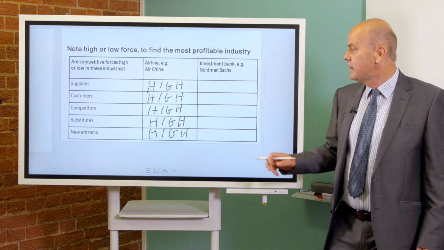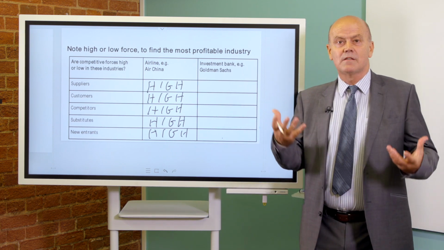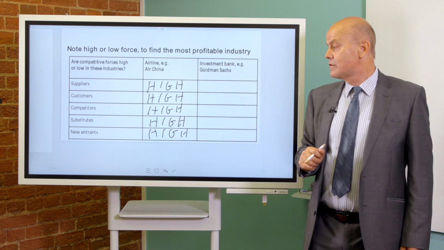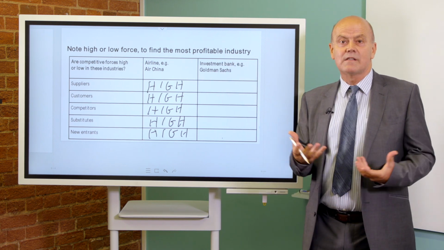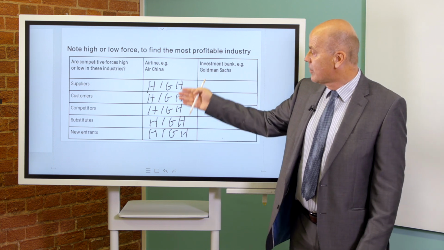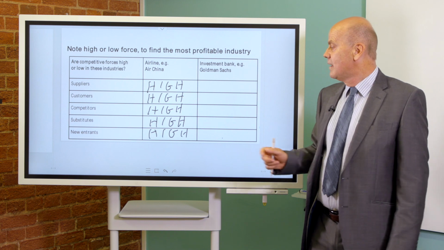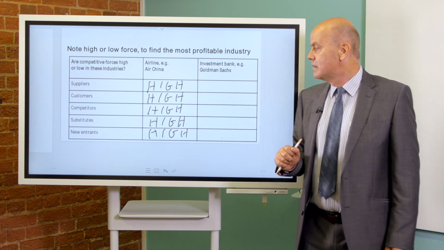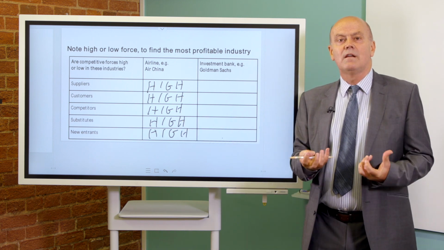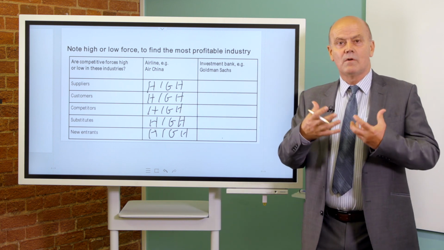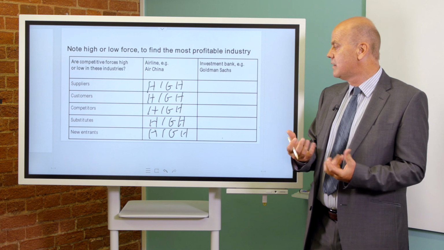Now, last year I saw a video by Michael Porter explaining this model, and he was talking about the airline industry. And one of the strange things he said is that although the competition is extremely high in four areas here, what he never understood is why there are so many new airlines set up. And when I did this model, I must admit, I thought, why do we get new competition here?